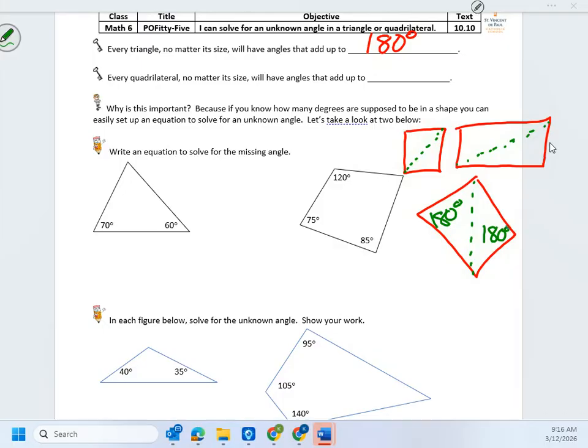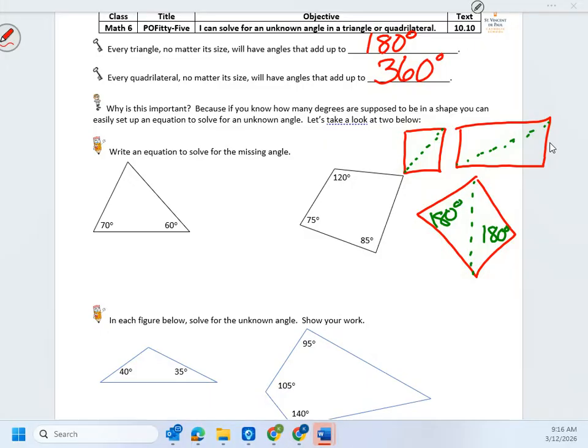One triangle is 180 degrees. What would a quadrilateral have to be? Jack? You'd have to add up 180 and 180. And that would be what? Oh, I got it. That would be 360. A quadrilateral will always have all four angles equal to be 360 degrees.